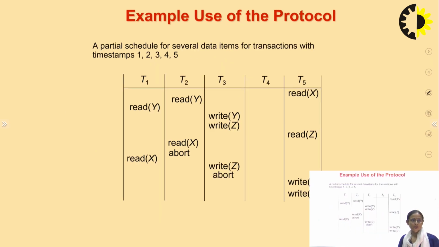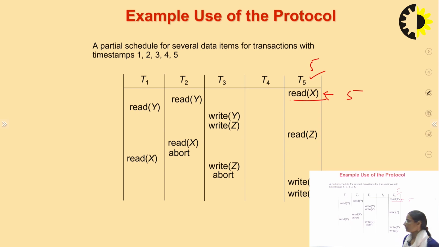This is a particular schedule for several data items for the transactions with the timestamps 1, 2, 3, 4 and 5. Let's suppose T5 reads, its timestamp value is 5, so the R timestamp is set to 5.